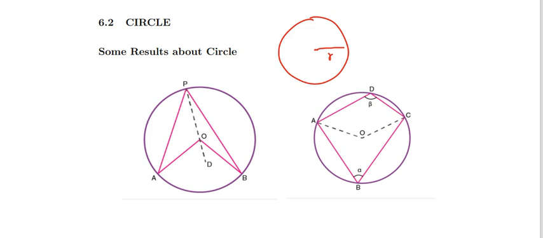First, O is the center. Suppose here is AB, so we can make this angle AOB. We can call this the arc and center angle, but anyway, we don't care about the name.